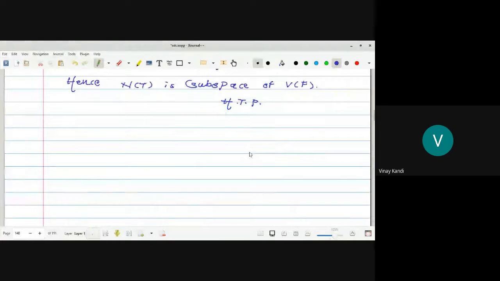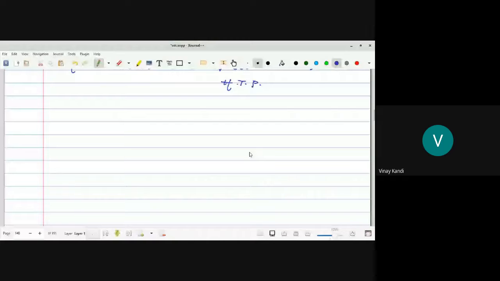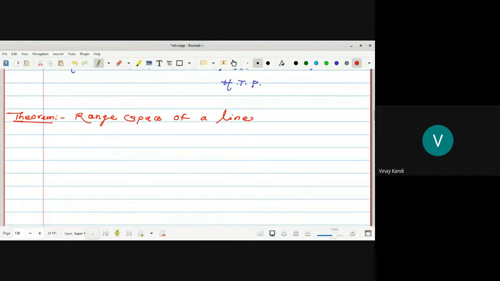The next theorem is the range space of a linear map. What is the statement?